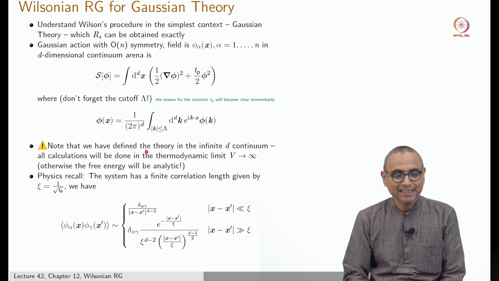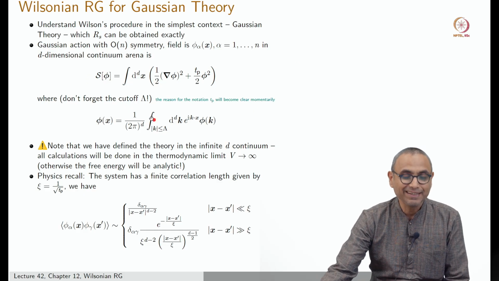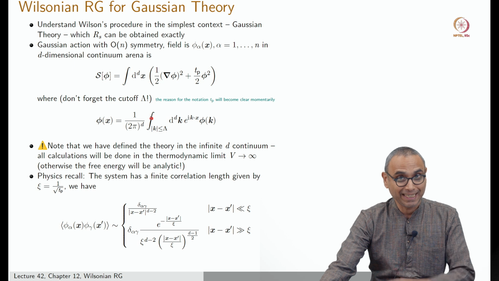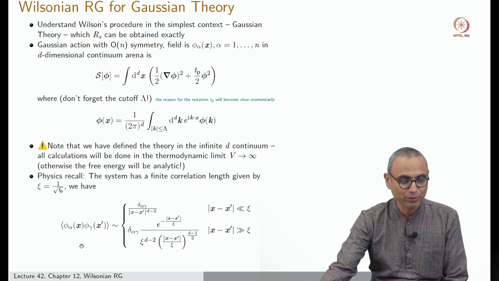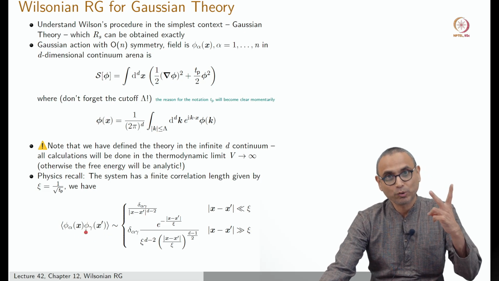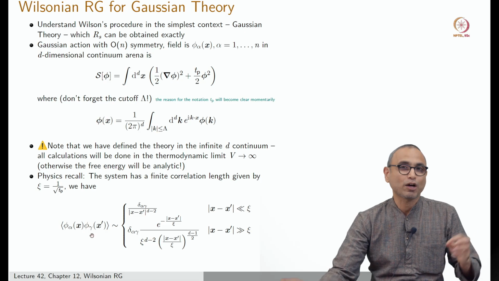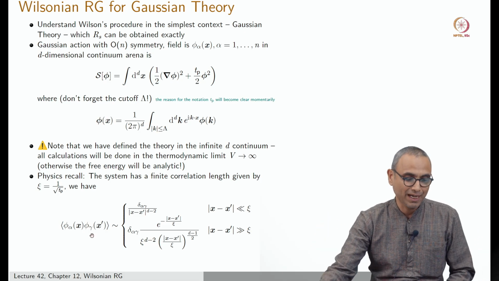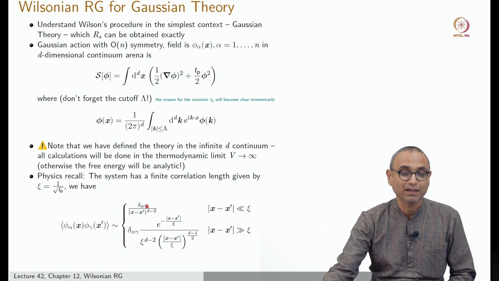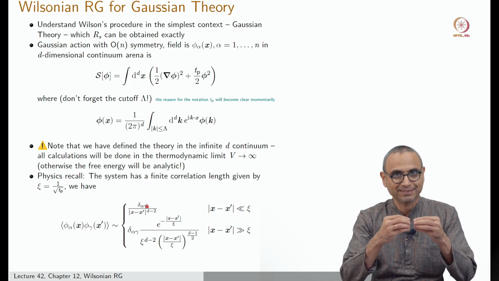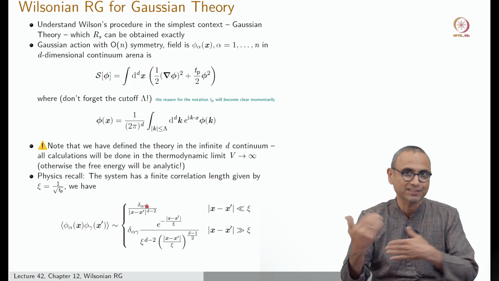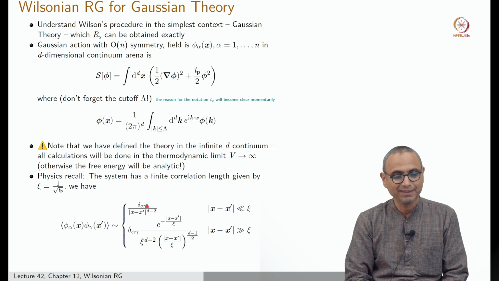Okay. So we know that this Gaussian theory has a finite correlation length. If I simply compute the expectation value of some fields at two different points, different components, then we see two things. First, different components are uncorrelated. So for alpha and gamma, there is a delta alpha gamma, which tells you that only the same component of the O(N) vector is correlated with itself.